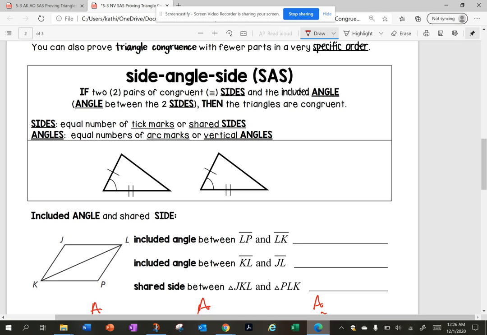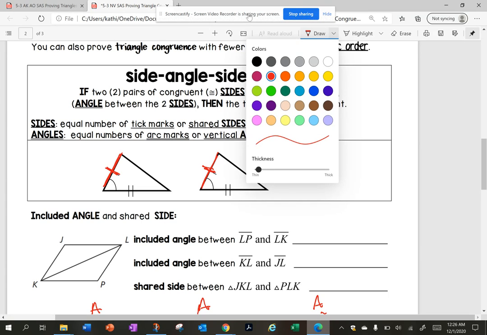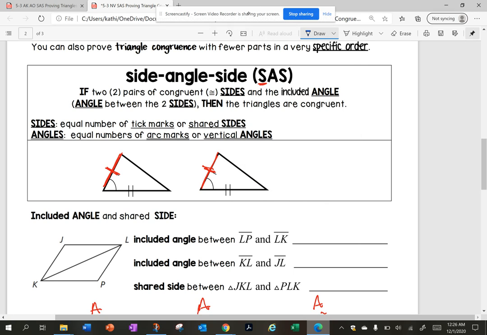So I'm going to talk about one pair of congruent sides. So here's a side. Here is an angle.